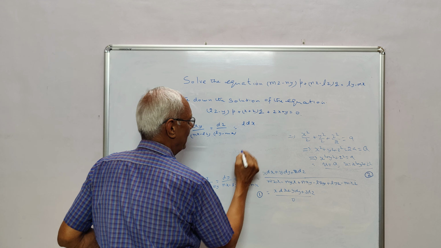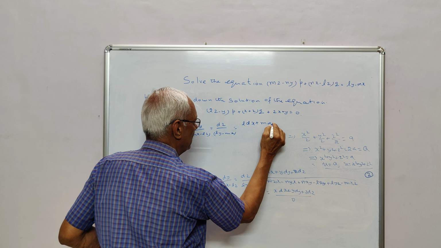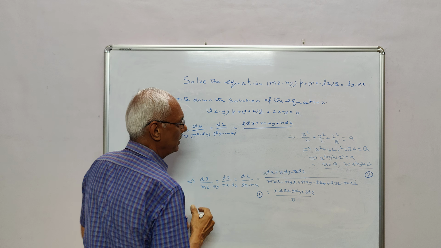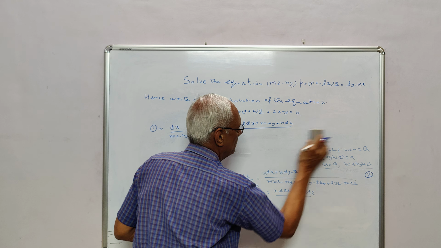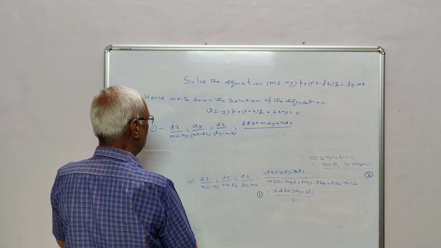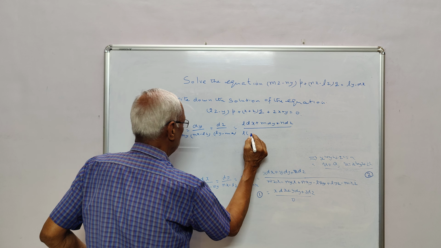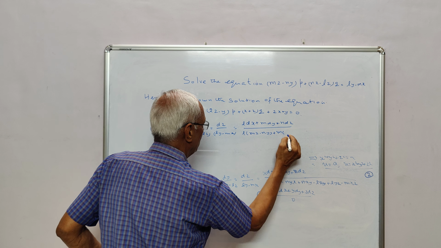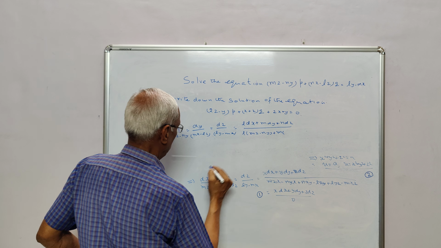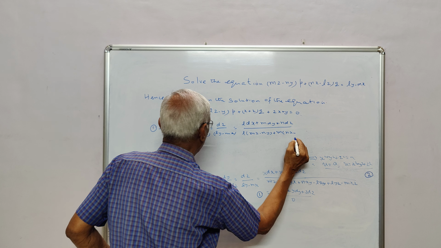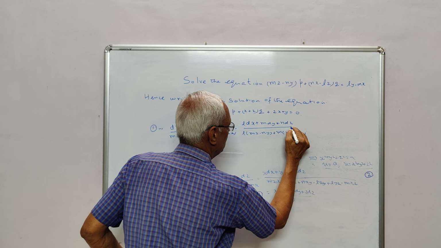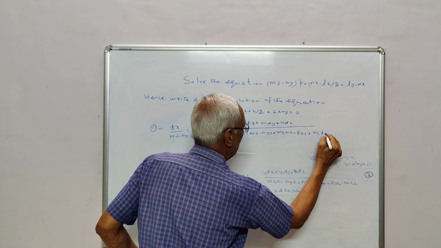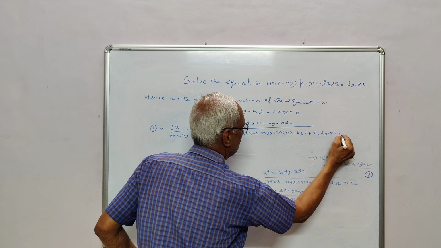l dx plus m dy plus n dz. Then you have to multiply the denominators also by this, l into mz minus ny, plus m into nx minus lz, plus n into ly minus mx.